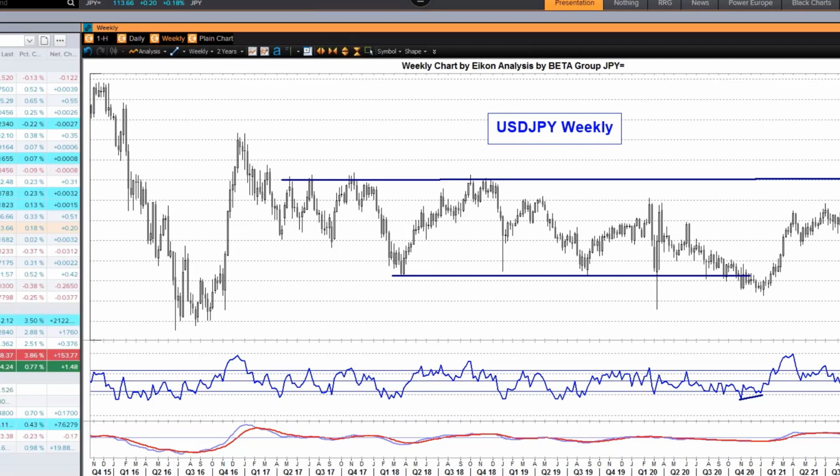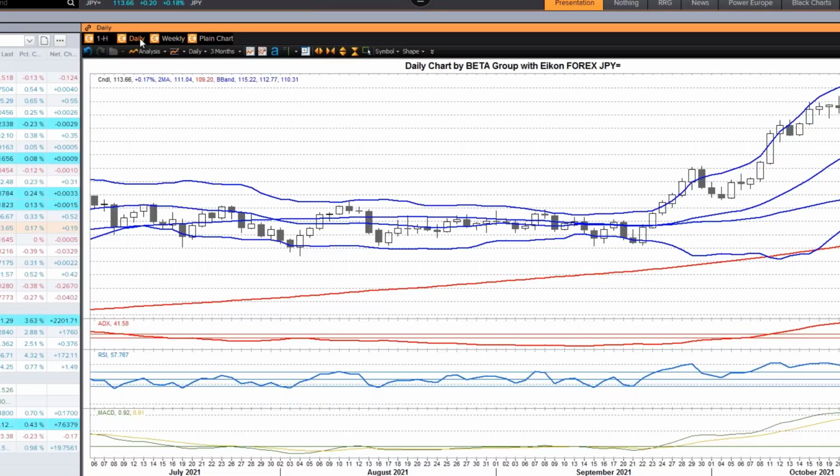And the 118 level, that would release a lot of energy, and I think it could be quite a swift move up to there and put a massive band of support below. Or it can fail here, and the dollar could go down, and the yen could recover and join the other currencies, which are moving strongly with the dollar. So watch out for the action here.